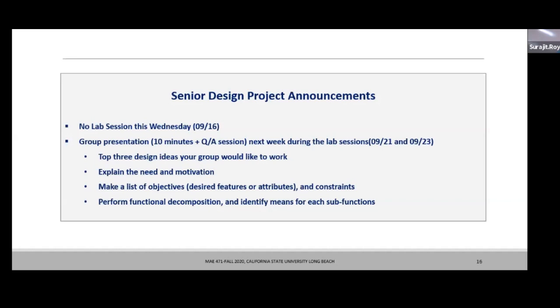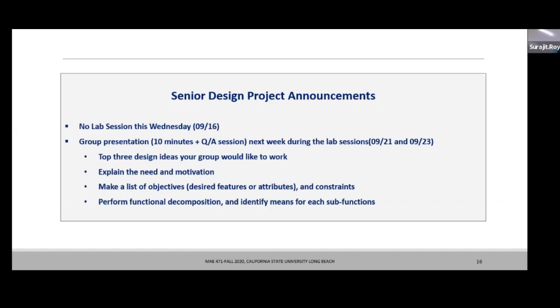And once you have those top 3 ideas, you are going to present the need and motivation for those ideas, make a list of objectives, the desired features and attributes and constraints, and perform functional decomposition for each one of those ideas. That is what you are going to present for the top 3 ideas on Monday and Wednesday next week.